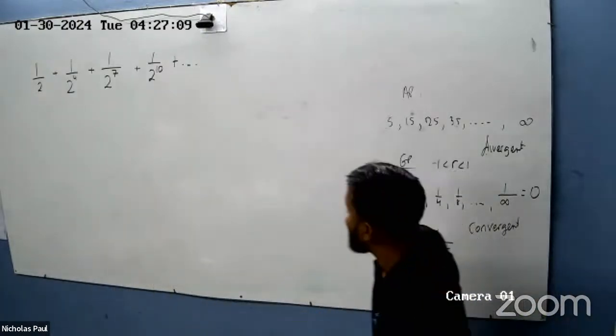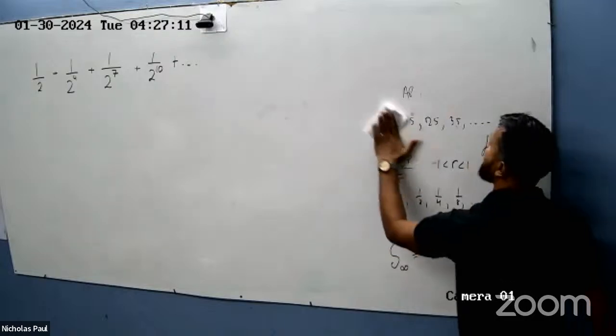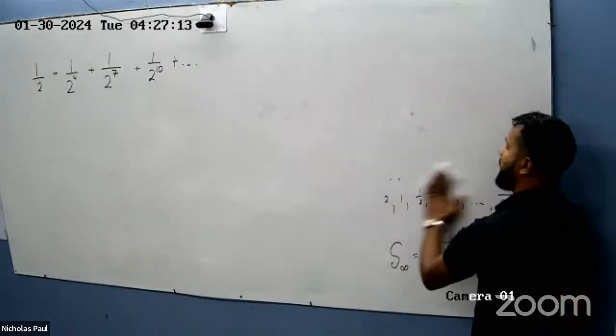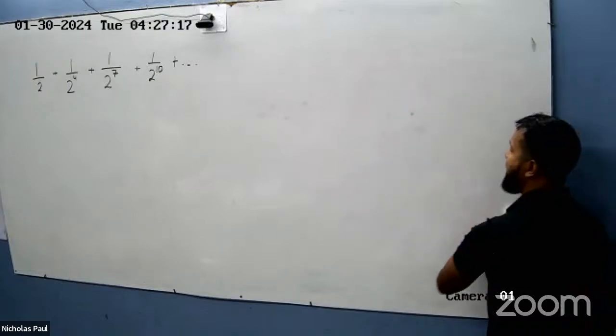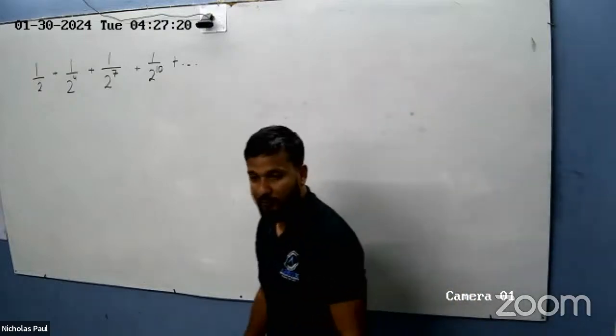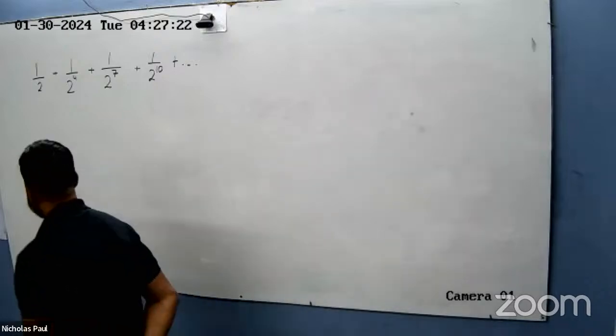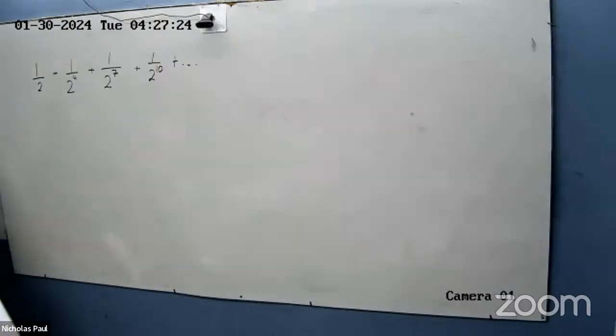Right, so we have to check and see if it's an AP or GP, right? And then if it's an AP or if it's a GP, tell me what is A and tell me what is R or what is D. Do you remember what is AP? Is it AP or GP?